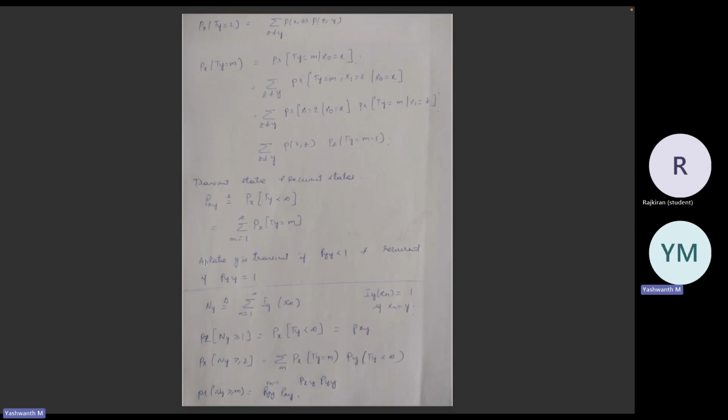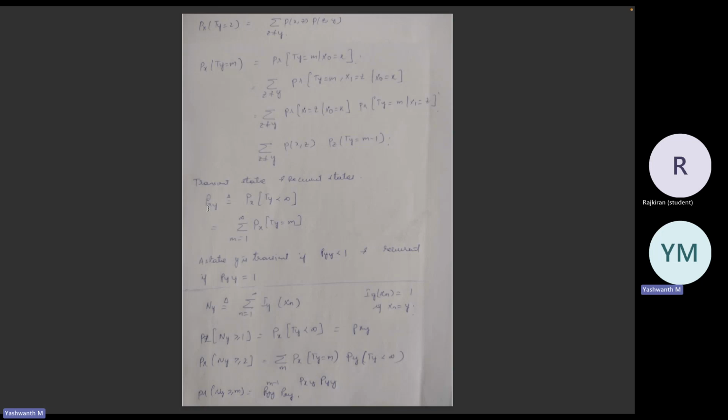Now a state y is said to be transient if this quantity rho yy is less than 1. Okay, and recurrent if rho yy is equal to 1, right? This probability is 1 for recurrent states. Of course, you need to replace y here with x. Okay, that's what it means for a state to be transient and recurrent.